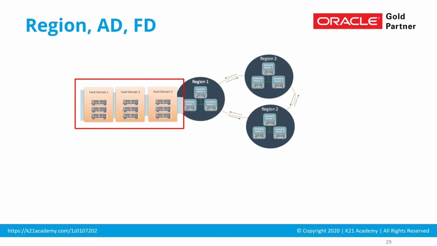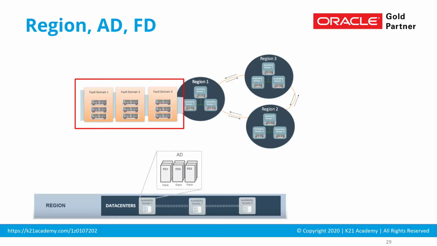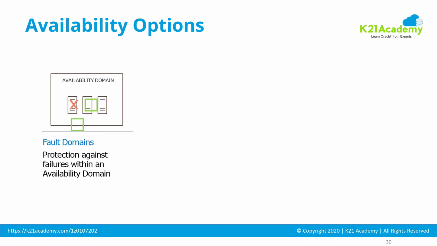Now, these regions are then further divided into fault domains, and fault domains provide high availability but within a data center. So at the bottom you have a region. Region is divided into data centers, which are called availability domains. Then an availability domain is further divided into fault domains. So fault domains provide high availability within a data center. This will be useful when you're designing your databases or deploying your virtual machines or load balancers.